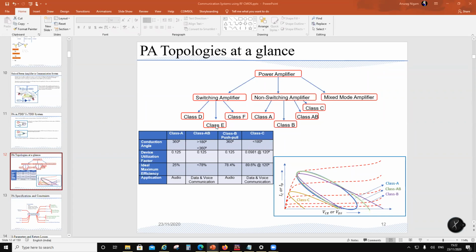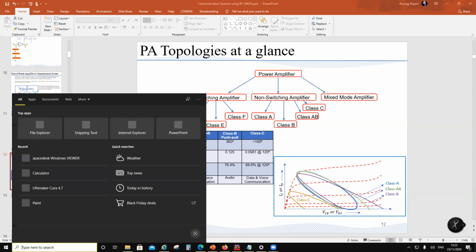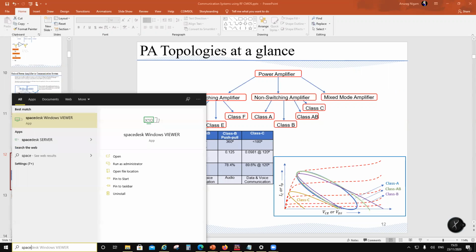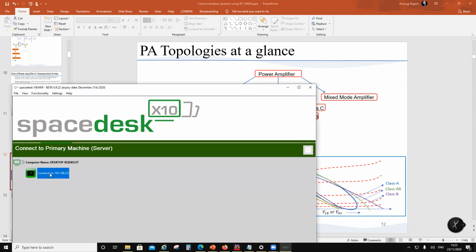So let me go back to start writing stuff so that I can explain better. Just one second. Concepts. Just one second. Space the server, and here I am going to put space text viewer. Okay, let's connect here.